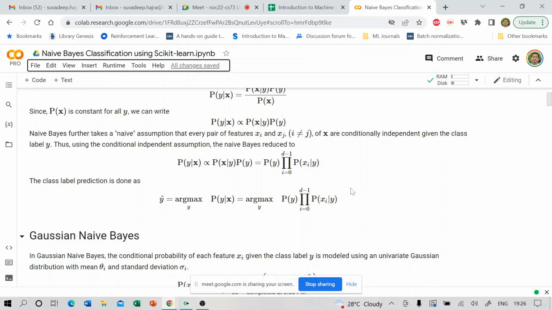Say there are C classes, then how many parameters do we need to represent this distribution, the probability of y?